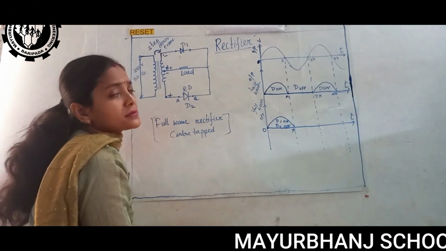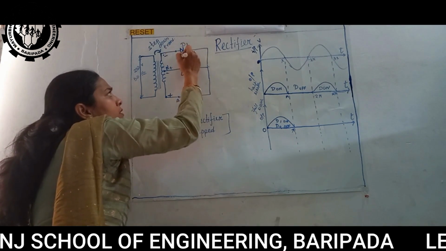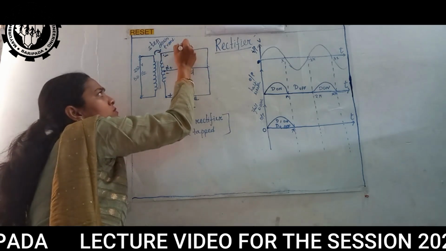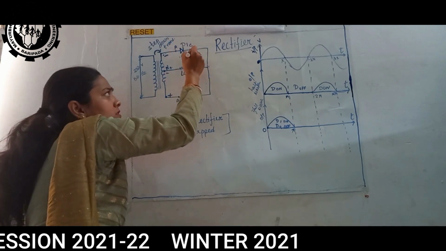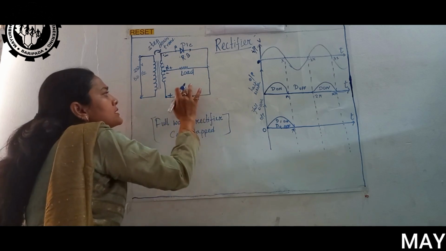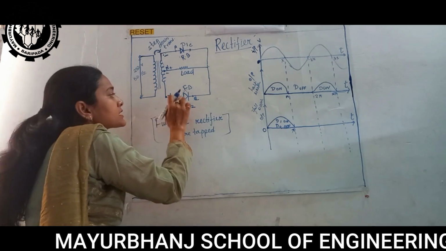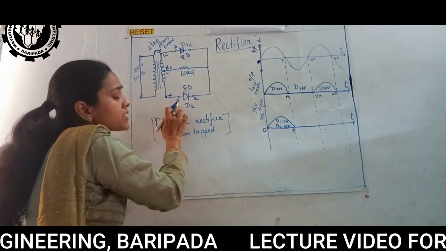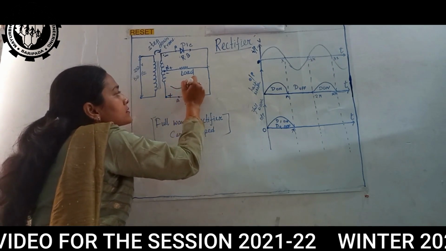Now what is the difference? The difference is, now this particular diode D1 will be in reverse bias because the negative terminal is connected to the anode of this diode. So this is reverse bias, and the positive terminal over here in D2 makes it forward biased, as the positive terminal is connected to the anode of this D2. So current again can flow in this direction.